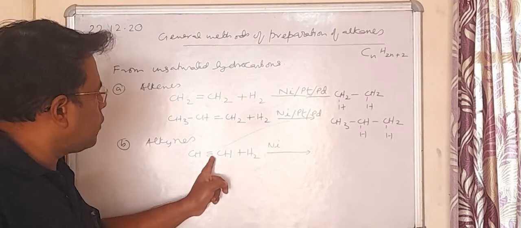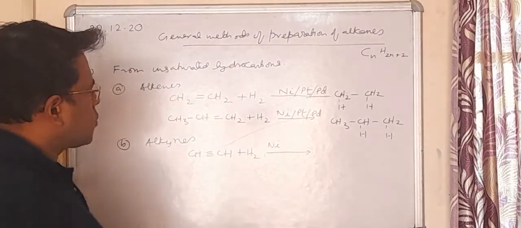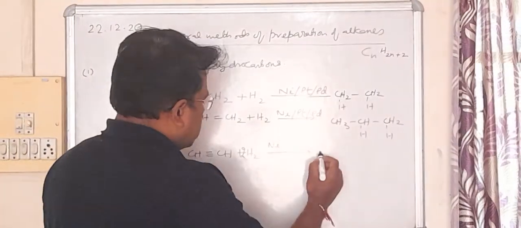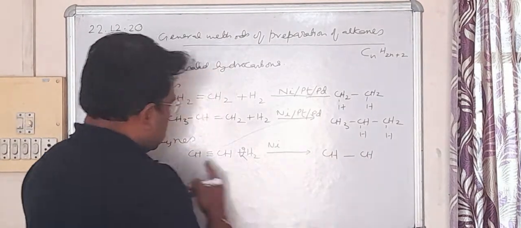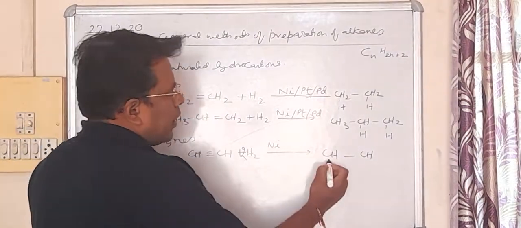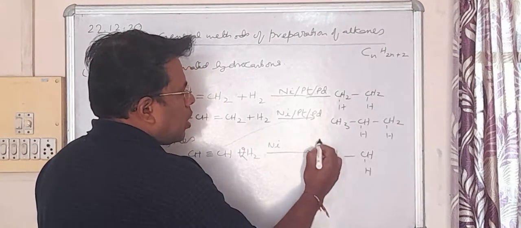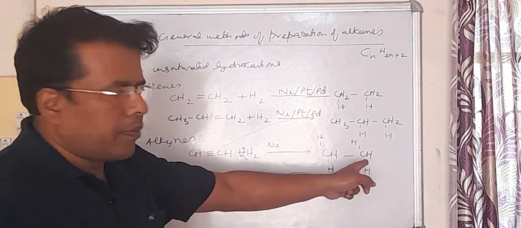Or per mole of this, 2 mole of hydrogen will be added. So that's why I am writing it here 2, and the product will be CH. This unit is as before, and 1 hydrogen will be added here, 1 hydrogen will be added here, another will be added here, another will be added here. So this is the alkane.